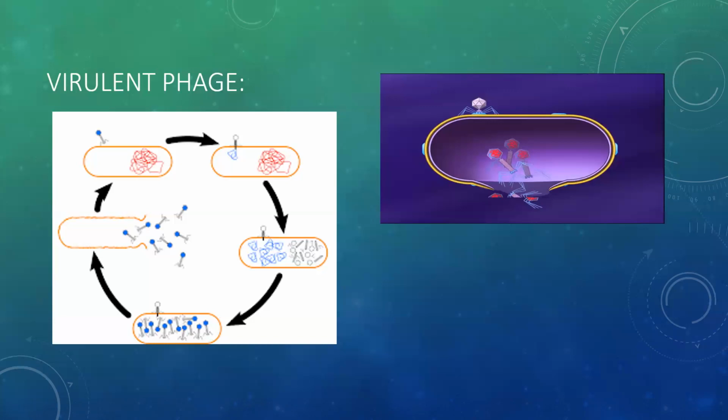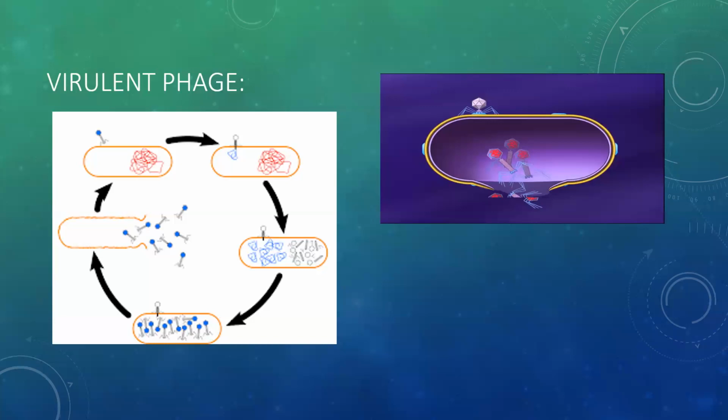You can see in the diagram on the extreme left-hand side, the phage is getting attached onto the cell wall. In the second step, the phage is outside, but it is able to insert its genetic material into the host bacterial cell.